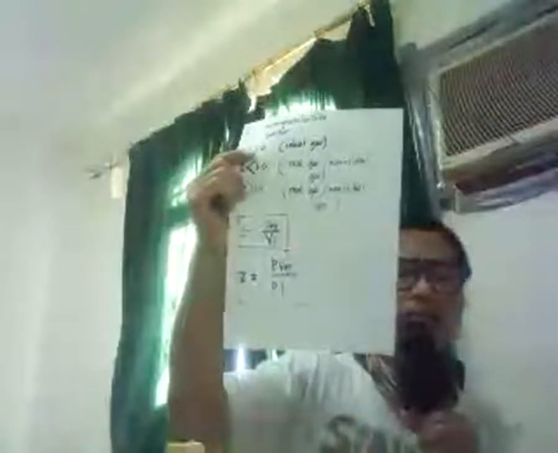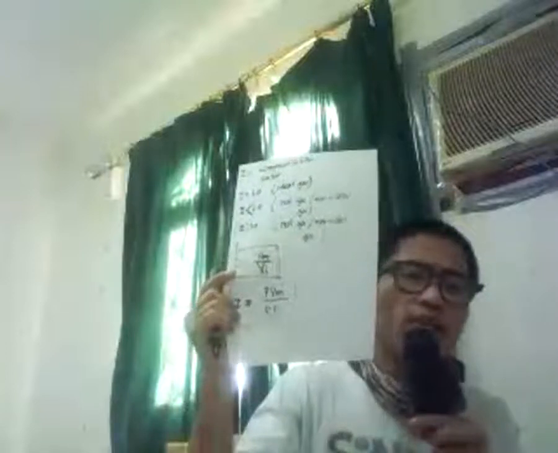Z is equal to pressure times molar volume over the universal gas constant times T. Look at this: Z is equal to P times the molar volume over RT. We need to derive this. Why does this come out? It comes from the concept of Z equal to the actual volume over the ideal volume of a gas.